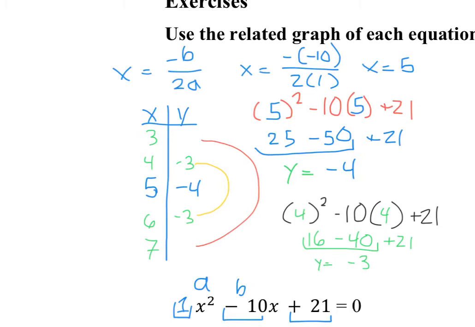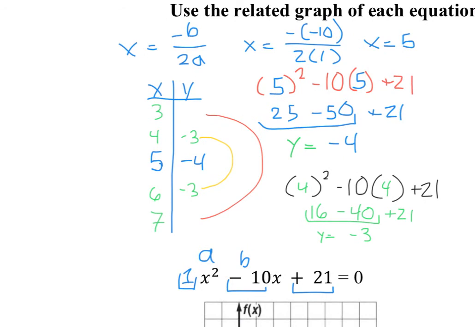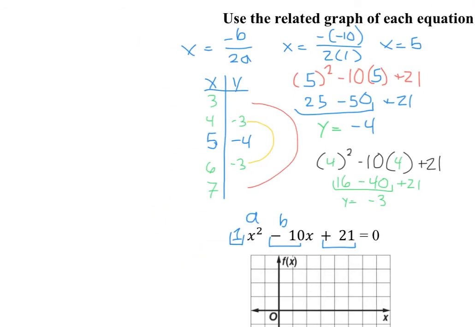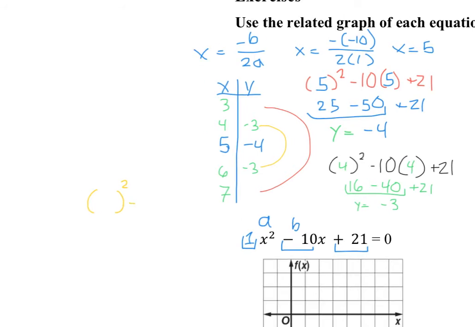Okay, so we haven't found our x-intercepts yet because we have not found a y value of 0. So now I'll choose either 3 or 7. And once again, I'm going to choose the smaller option, which is 3. So I'm plugging it back into my function.